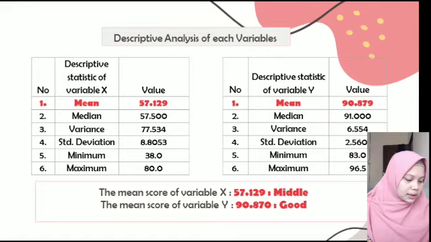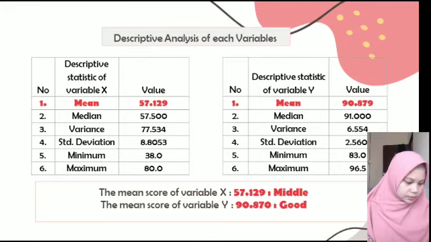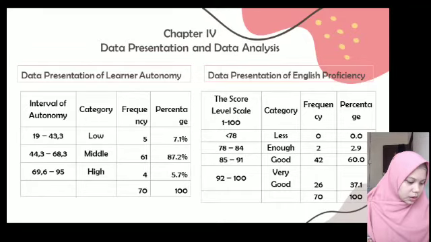And for variable Y, the level of students' English proficiency is categorized as good because the mean score is 90.879. And it is the data presentation of the learner autonomy.